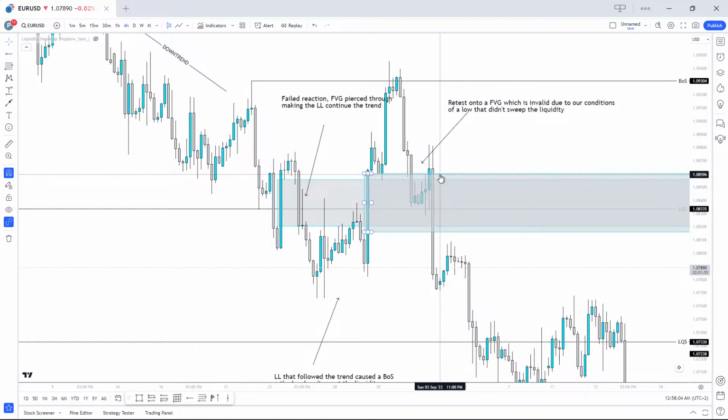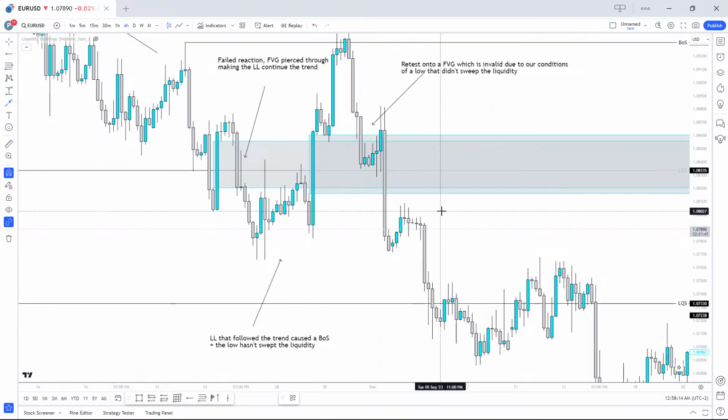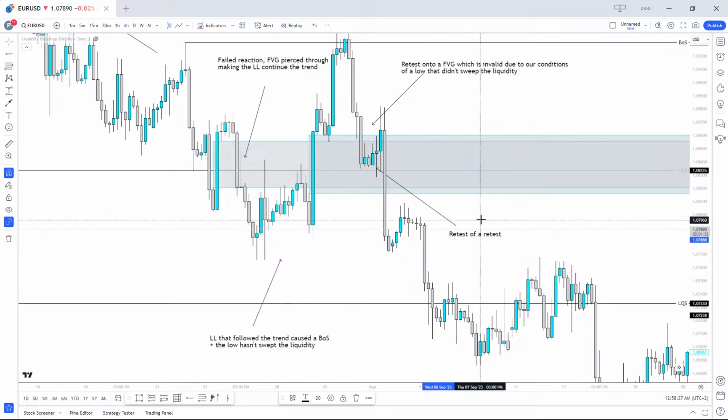Okay, and I know, like I said, Fibonacci or whatever you're using for retracement. This is like another retracement right here. Sorry, retest. Yeah. Retest of a retest. According to Fib retracement level.